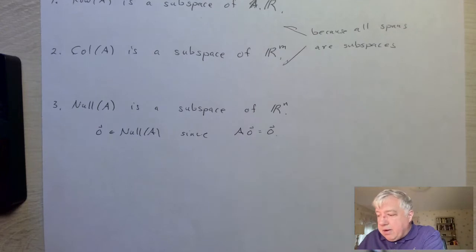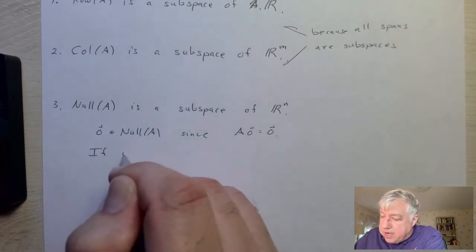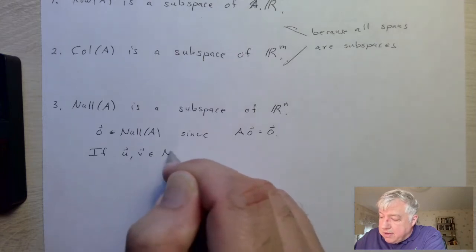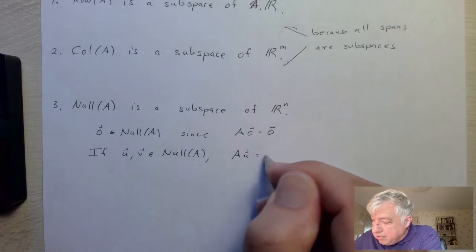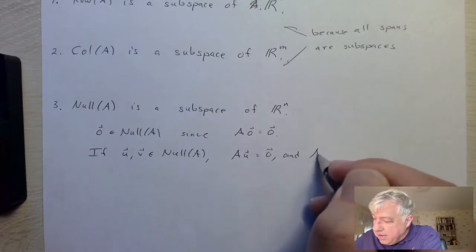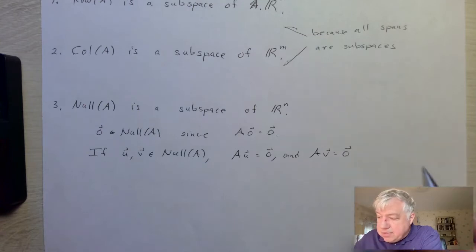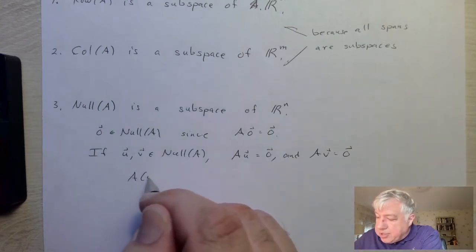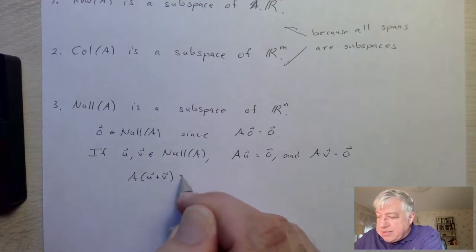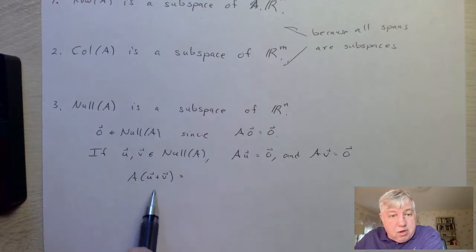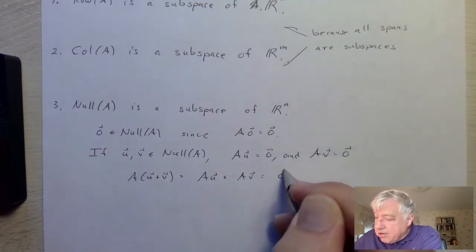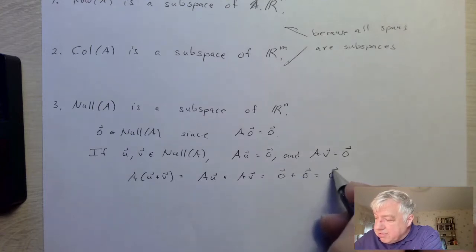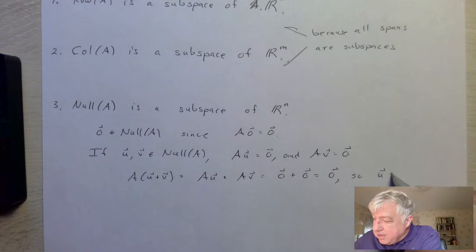Then if U and V are in the null space of A, then A times U equals 0, and A times V is equal to 0. We need to show that A times (U plus V) is 0, and by the distributive law of matrices, this is AU plus AV, which is 0 plus 0, which is 0. So U plus V is in the null space.